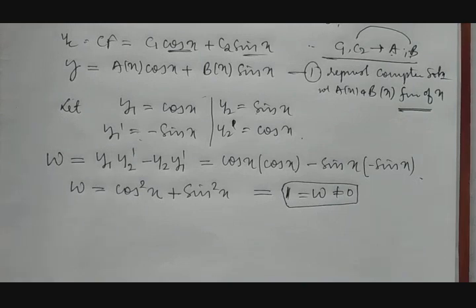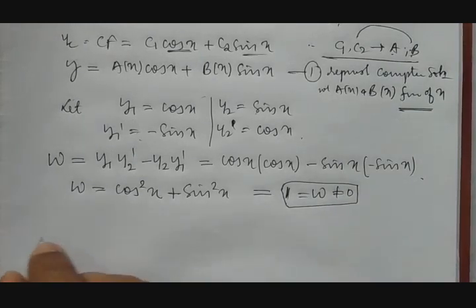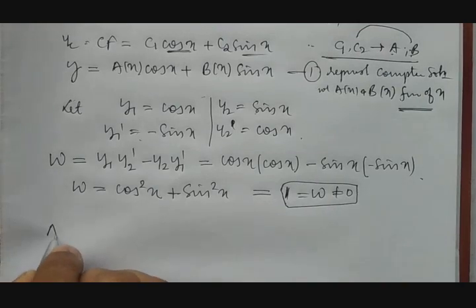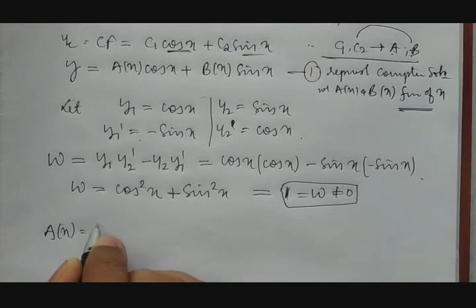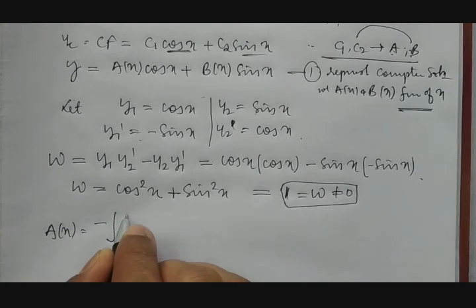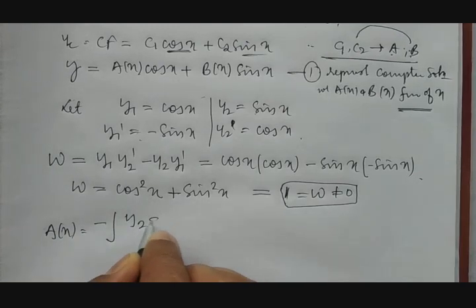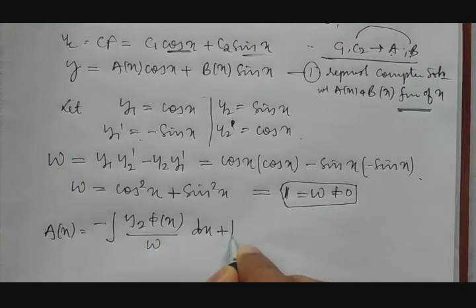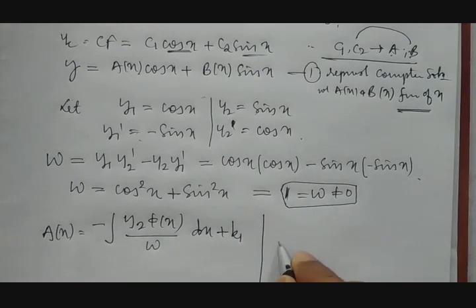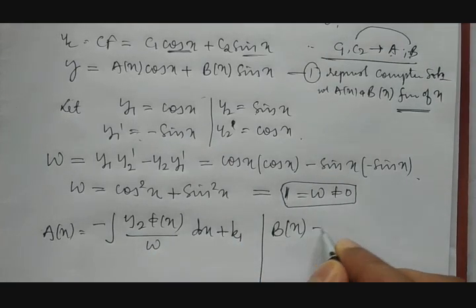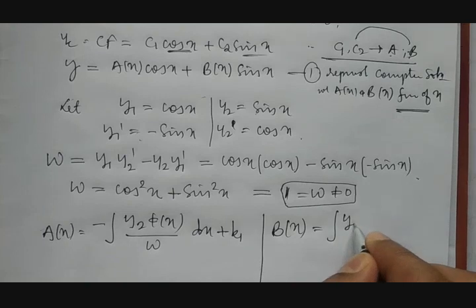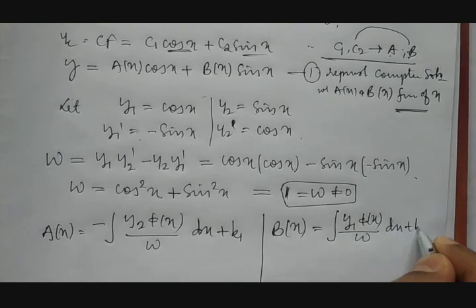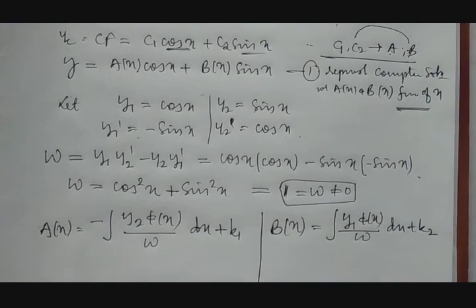Then we go for the calculation of A and B. So the value of A can be calculated by using the formula minus integration of y2 phi of x divided by W with respect to x plus k1. Similarly, B of x can be calculated by using the formula y1 into phi of x by W with respect to x plus k2 under the integral sign.